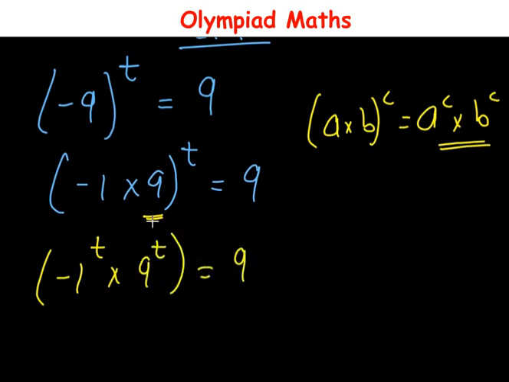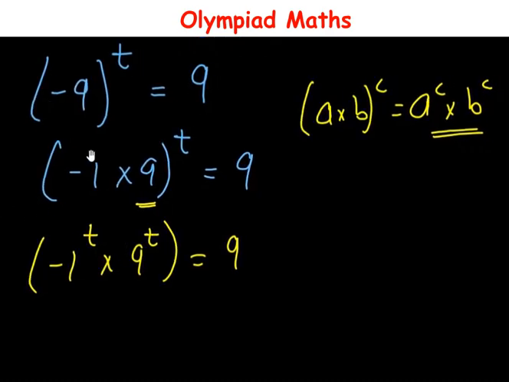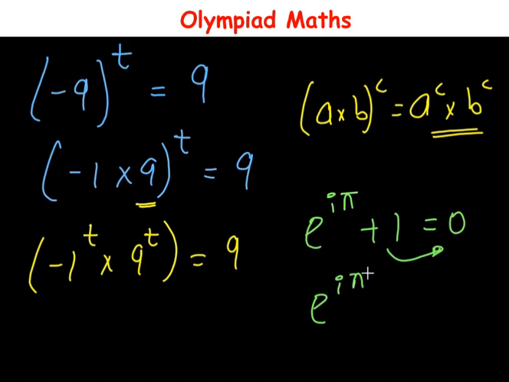So at this junction, we are going to apply Euler's formula, that if you have e^(iπ) + 1 = 0. So therefore, move plus 1 over to this side. This becomes e^(iπ) = -1. So this means that in place of -1 right here, we can introduce e^(iπ).